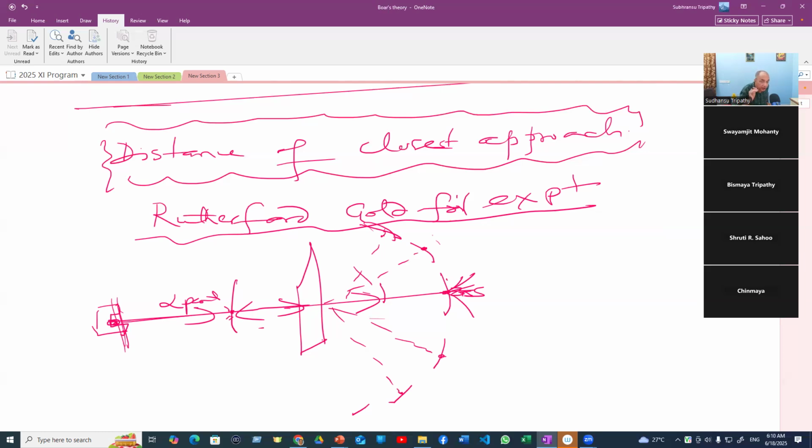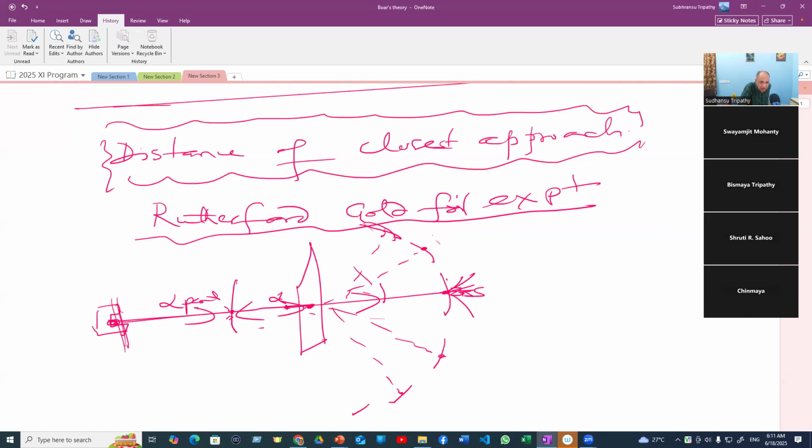So here, this is gold foil and this is alpha particle. The distance of closest approach means at what distance from the gold, supposing this is a gold atom, its nucleus, and this is alpha particle, which are considered to be point masses. They have mass, they have charge, but they do not have any dimension. They are called point masses.